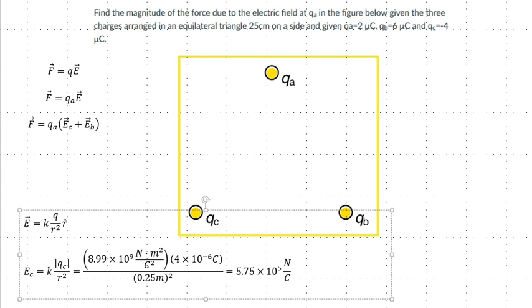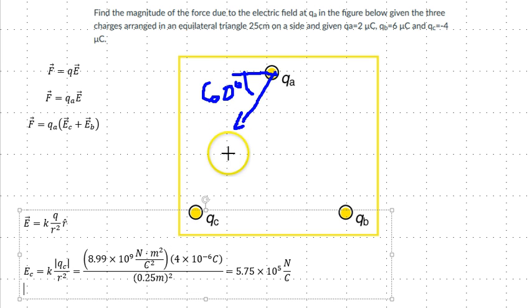Okay. So that gives us the magnitude of the electric field at A due to C. And we know that it points this way, and that angle is 60 degrees. So what are the components of this?